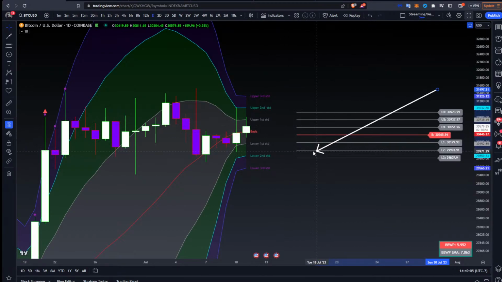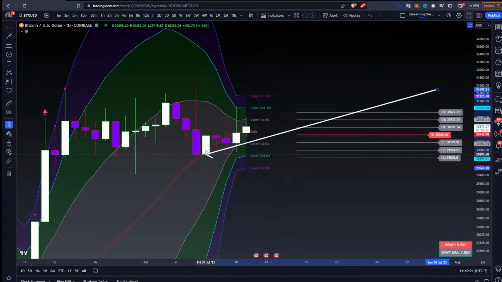That does mean that if Bitcoin starts to close below the lower second standard deviation of the Bollinger Bands on the 4-hour, it would get expansion down into somewhere around that daily lower second standard deviation at just under 29K, around this low at 29.9.